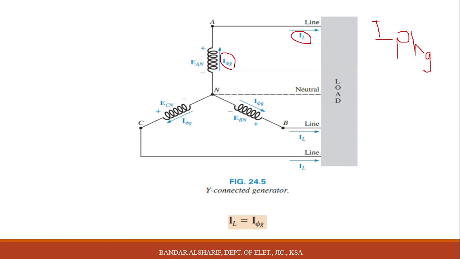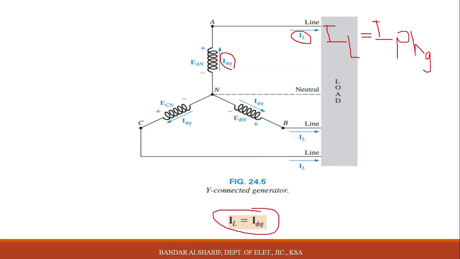But you need to distinguish between them, because now it is easy to decide that the I phase going here and the current going in the line equal each other. This means we can write I phase equals I line, like it's written here. Since it is Y connection, this is only in Y connection.